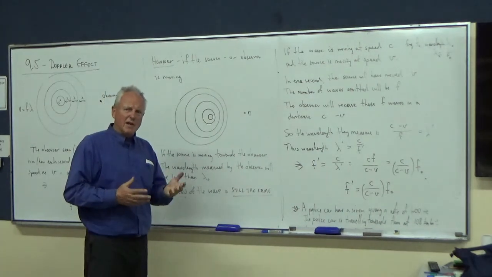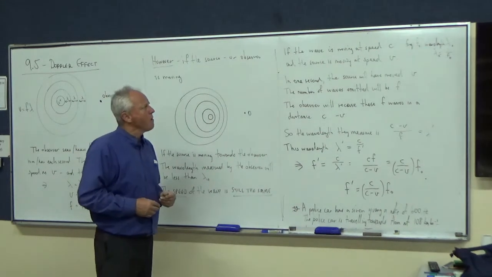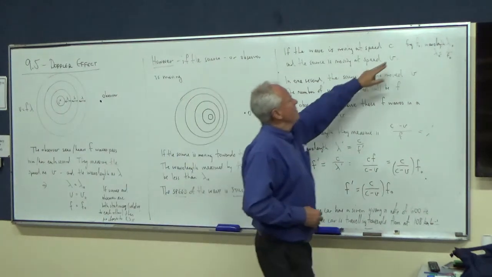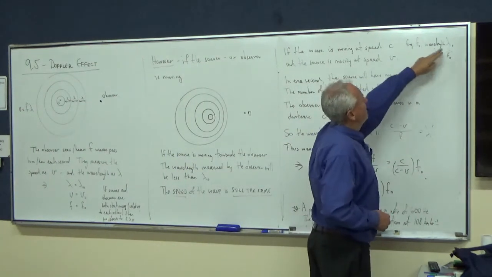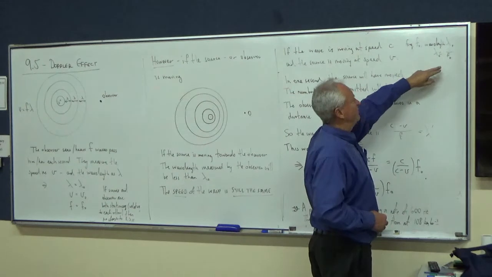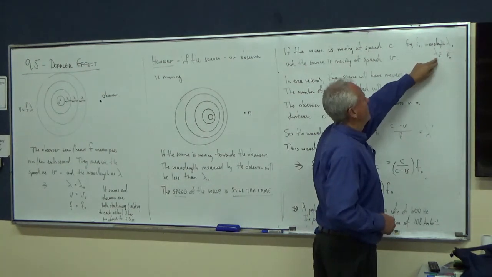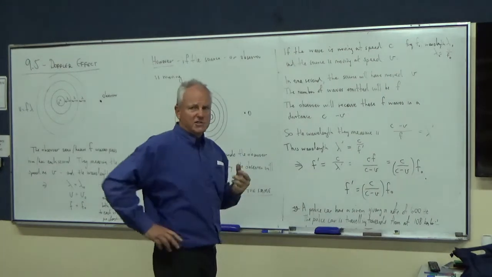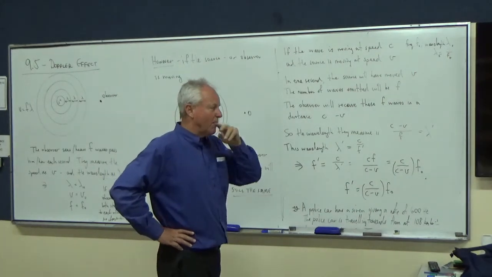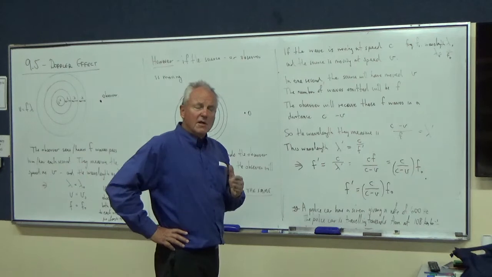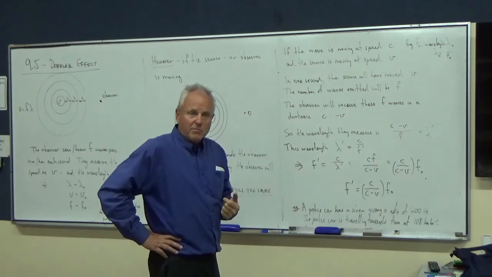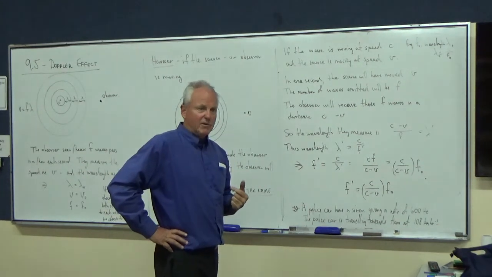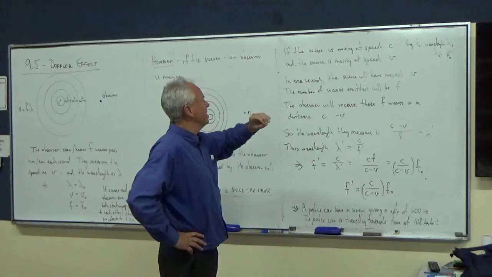It can be quite tricky knowing which way around things go. The frequency is f naught, the wavelength is lambda naught, and c equals f lambda, or lambda naught equals c on f naught. So you've got those links there between the speed, the frequency and the wavelength. The wave equation, almost the most important formula in physics after F equals ma: v equals f lambda.